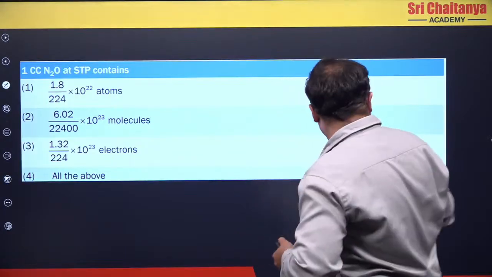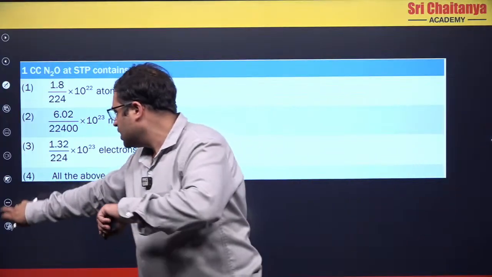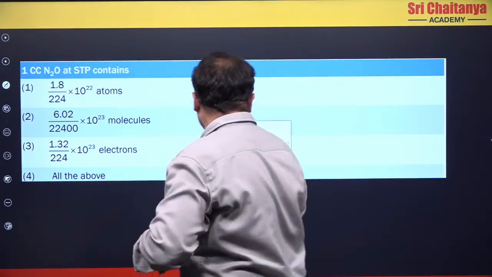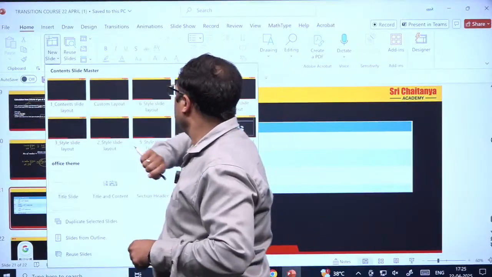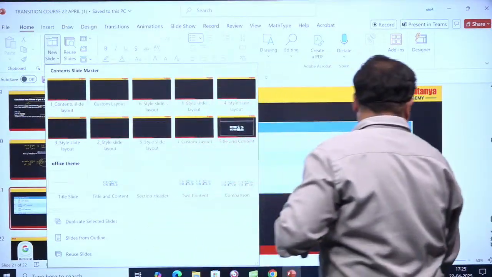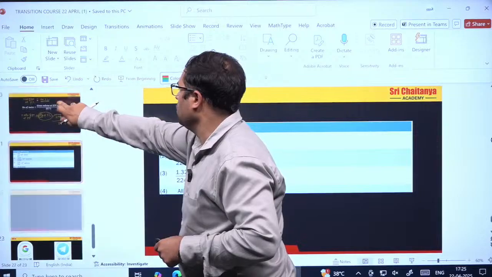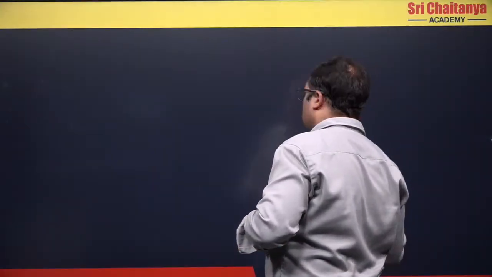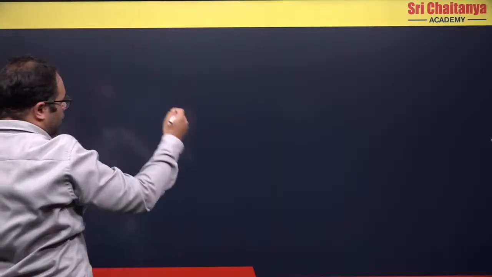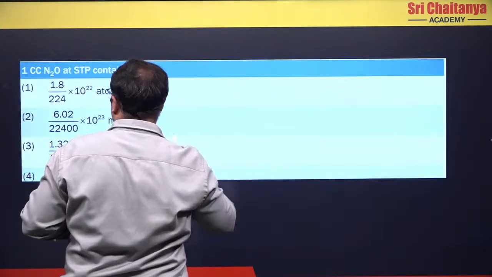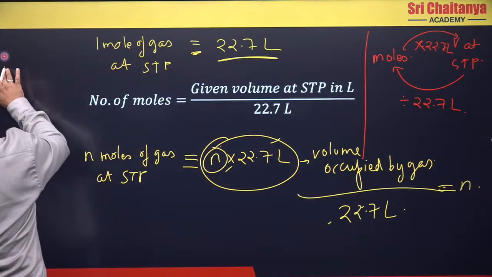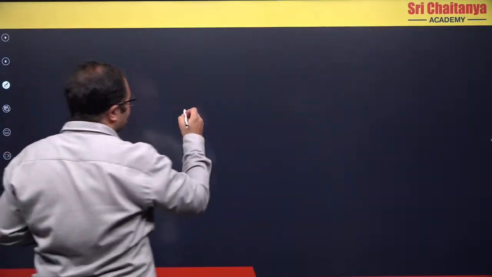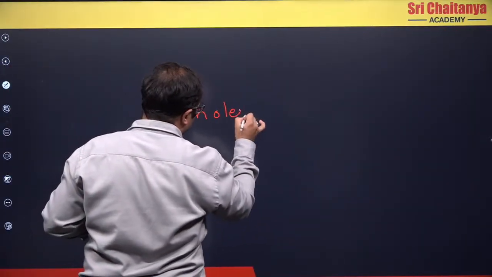Before I end this, there is a question. Yes, let me summarize the complete thing that we have learned. So the central theme is moles.